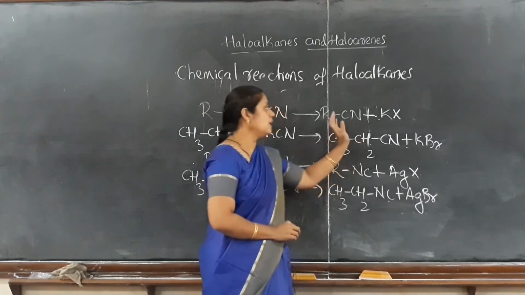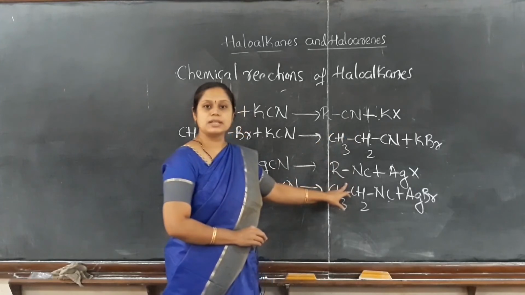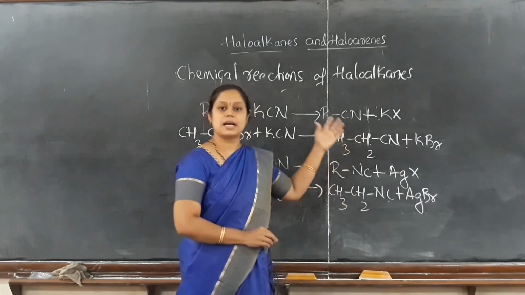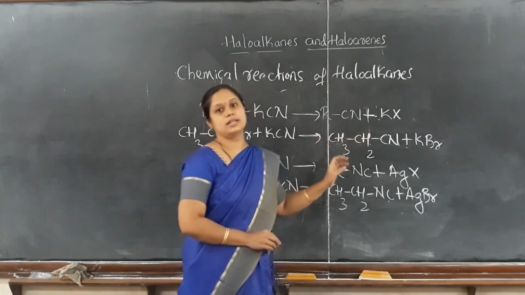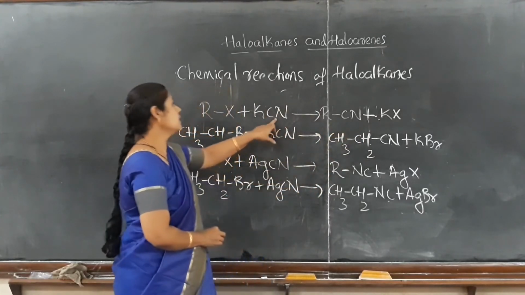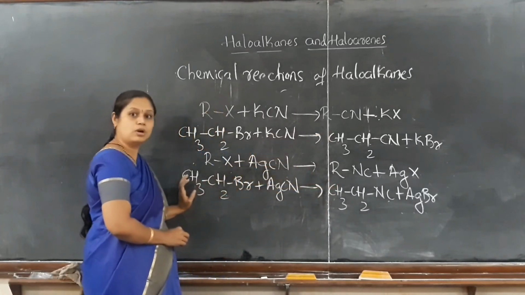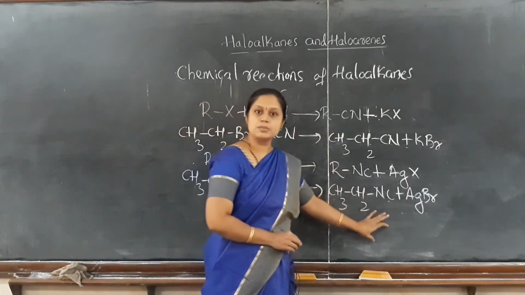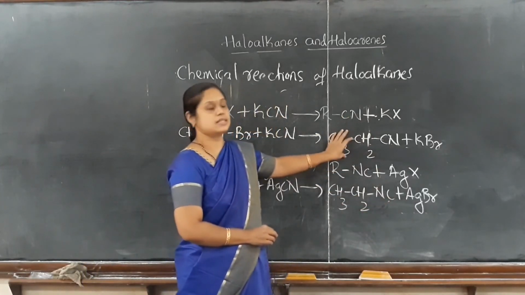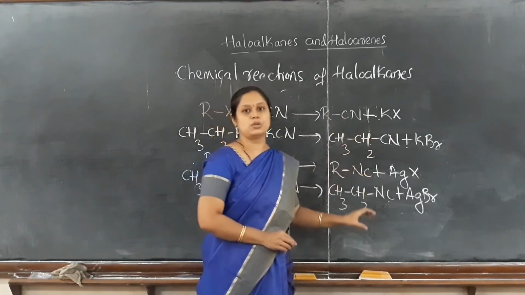Both the different atoms, carbon and nitrogen, can donate the pair of electrons. Here a carbon-carbon bond is formed; here a nitrogen-carbon bond is formed, hence it gives the product isocyanide. Here we get a cyanide product.